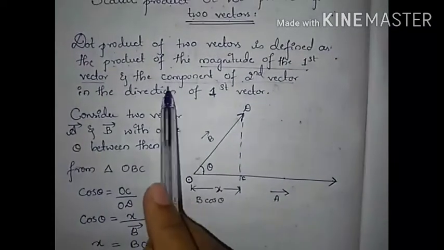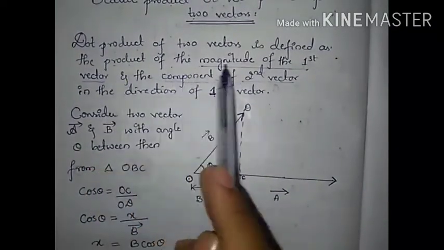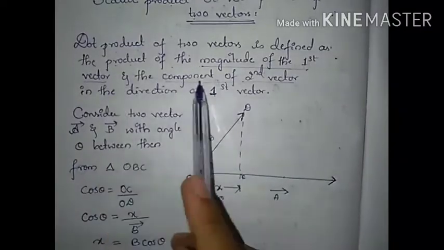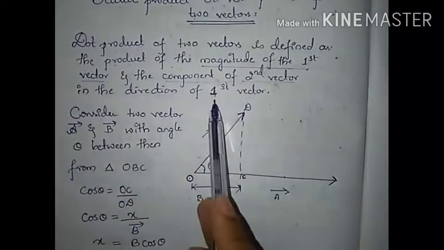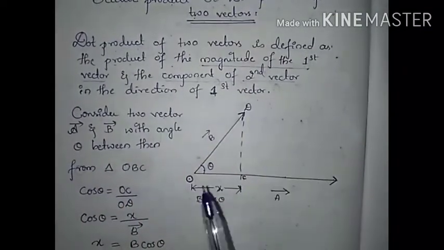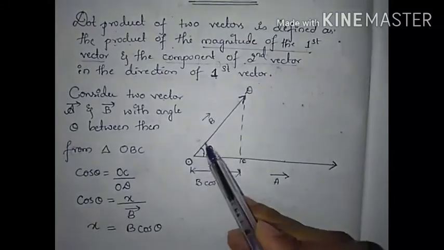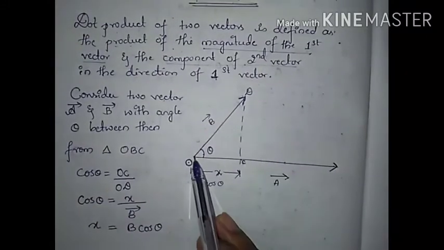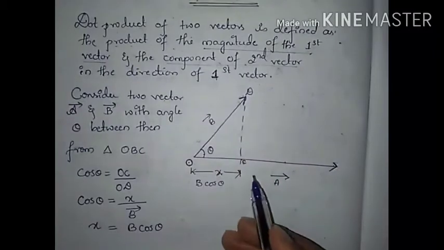What our definition says is that it is just the product of the magnitude of the first vector and the component of the second vector in the direction of the first vector. We found the component of the second vector in the direction of the first vector.